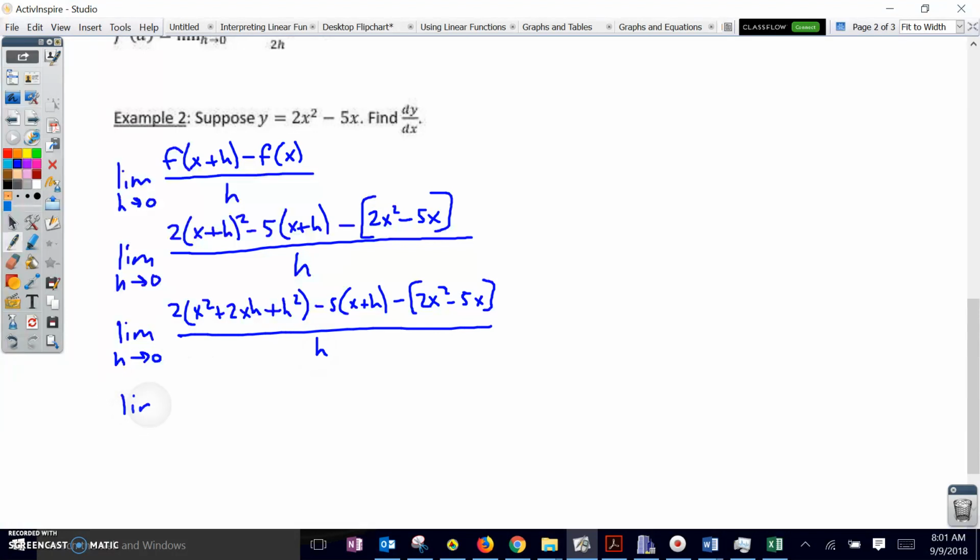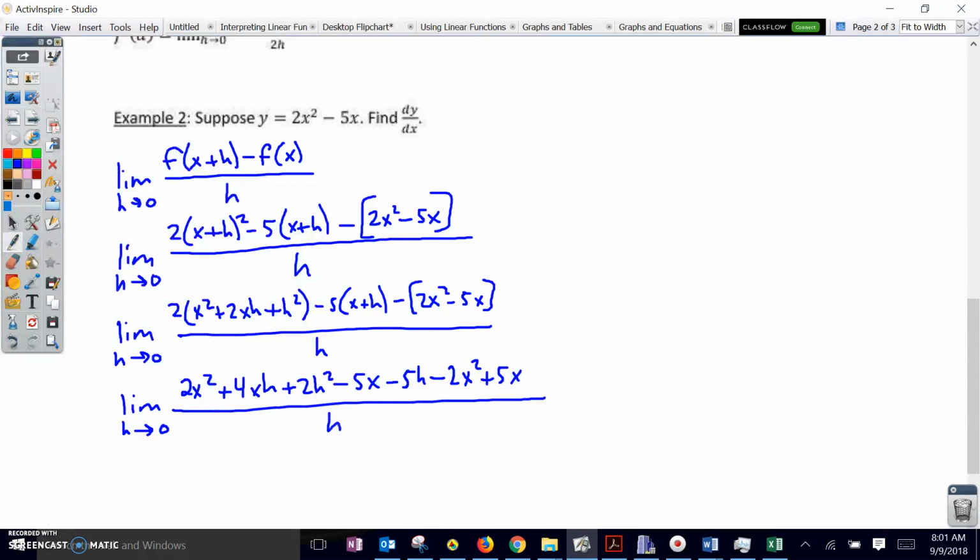And now in this step I'll handle distributing and getting rid of those constants. It's going to give me 2x squared plus 4xh plus 2h squared minus 5x minus 5h minus 2x squared plus 5x, all that over h.